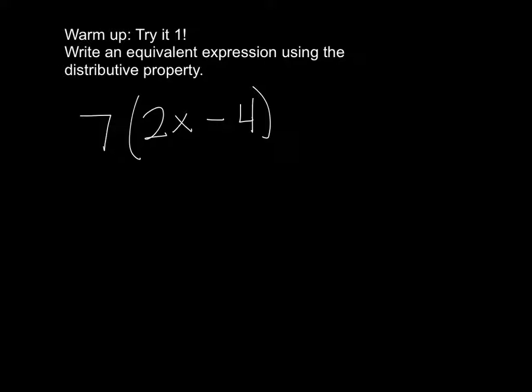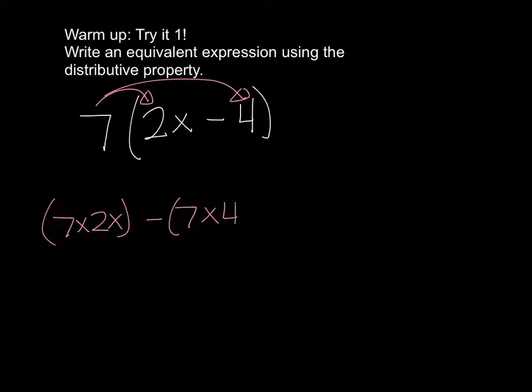Okay, there are a couple ways you could have done this. First, you could have said an equivalent expression is 7 times 2x, that's a times x in the middle there, minus 7 times 4.